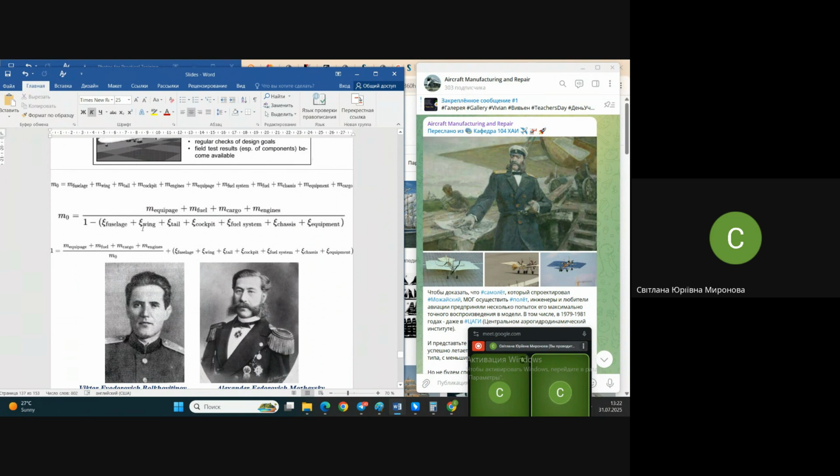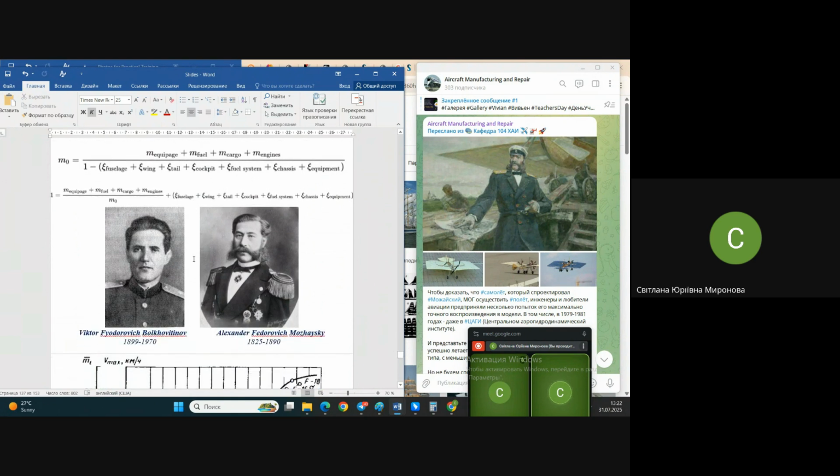You see they are designated with the Greek letter. That is called the equation of mass balance, or equation of airplane existence, or one more name, as I already said, despite it was really developed and explained by Bolkhovitinov.